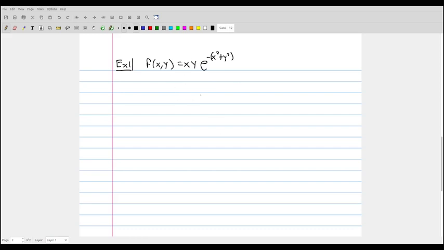We calculated that the partial derivatives of this function were partial f partial x, which was y times 1 minus 2x squared times e to the negative x squared plus y squared, and partial f partial y, which was x times 1 minus 2y squared times e to the negative x squared plus y squared.